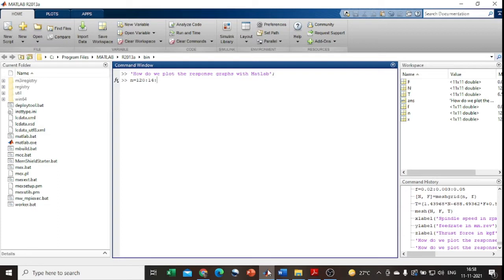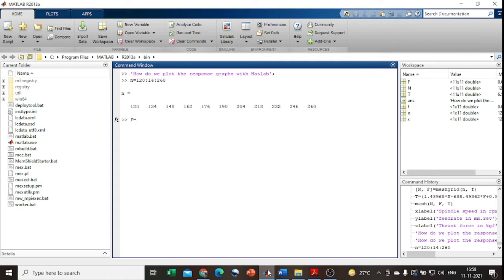After 14 there is a colon symbol. After the colon I assign the maximum spindle speed value, which is 260 rpm. Now the Matlab software understands and gives 11 values for spindle speed.